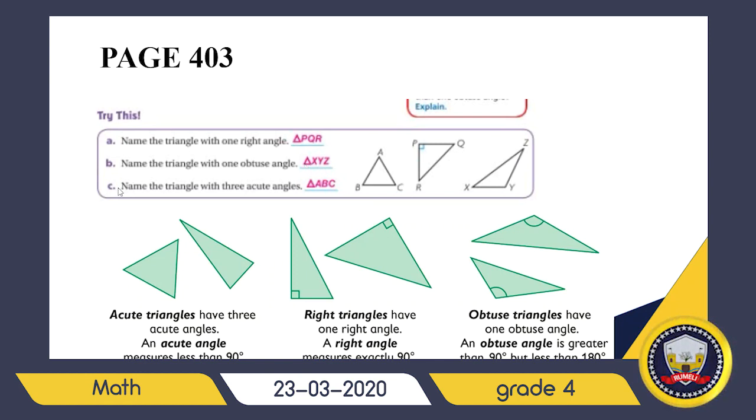Question C. It says name the triangle with three acute angles. Which one has three acute angles? Triangle ABC. Triangle ABC has three acute angles, so it is an example of an acute triangle. Good job.